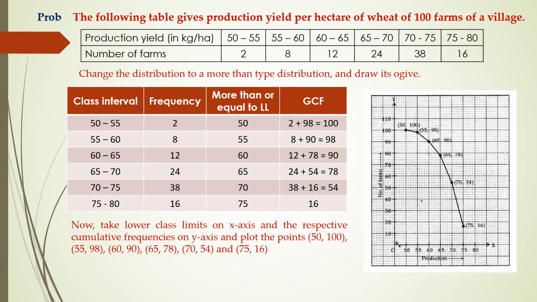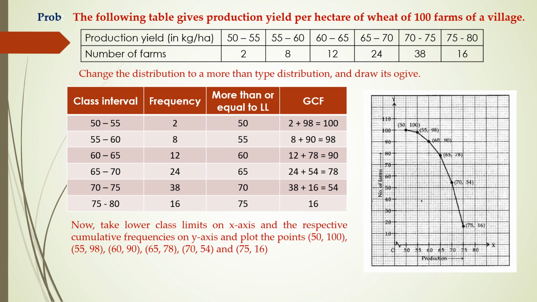Take lower class limits on the x-axis and the respective cumulative frequencies on the y-axis. Unlike the less than ogive, where we took upper class limits, here we are taking lower class limits on the x-axis and the more than type cumulative frequencies on the y-axis. We plot these points: 50, 100; 55, 98; 60, 90; 65, 78; 70, 54; 75, 16. These we should mark on the graph.